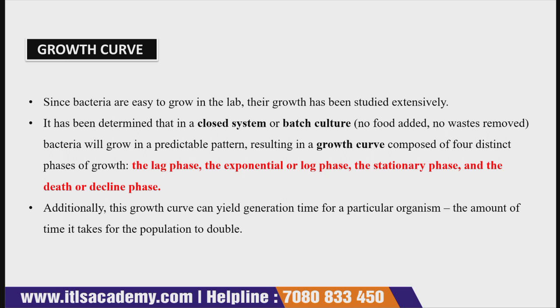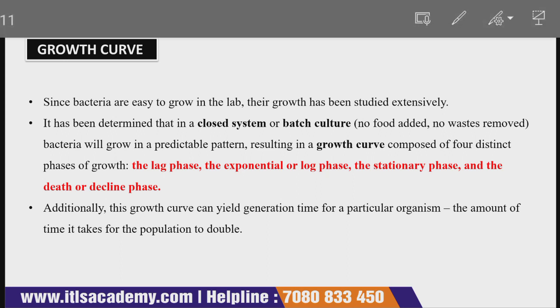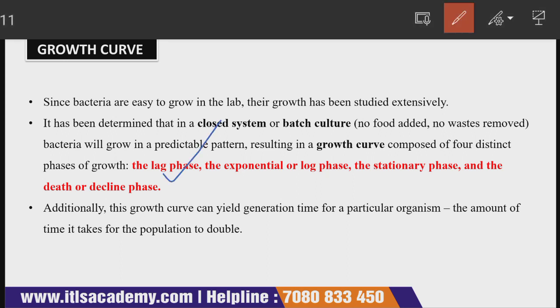It has been determined that in a closed system or a batch culture, with no food added and no waste removed, bacteria will grow in a predictable pattern, resulting in a growth curve composed of four distinct phases of growth. The first one is the lag phase, the second is the log phase or exponential phase, the third is the stationary phase, and the last is the death or decline phase.